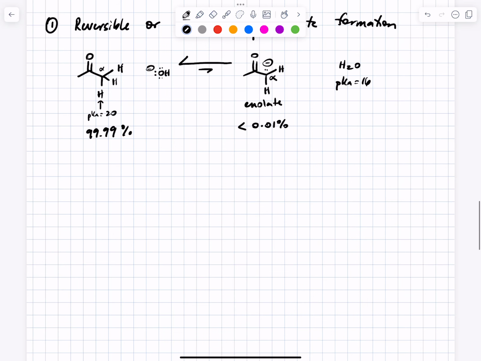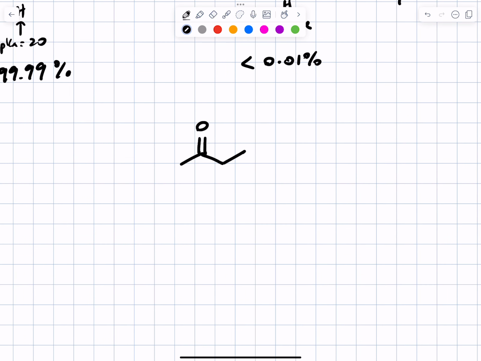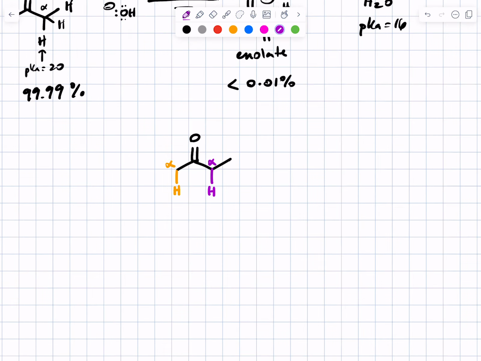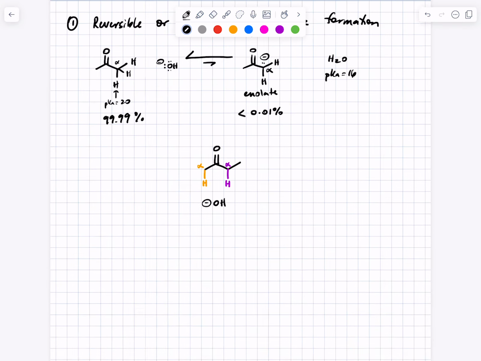Here is a related ketone, and this ketone has two different kinds of alpha protons. Alpha proton in orange and alpha proton in purple. Okay? And I'm going to use hydroxide as my base.